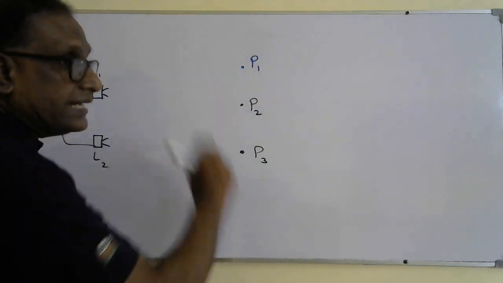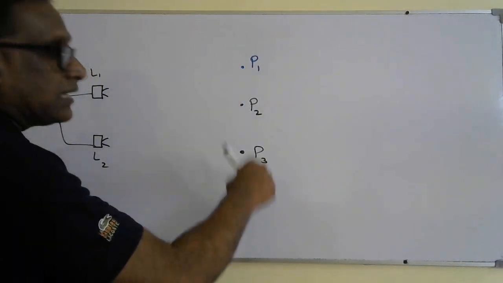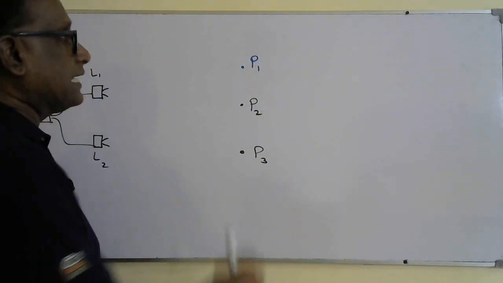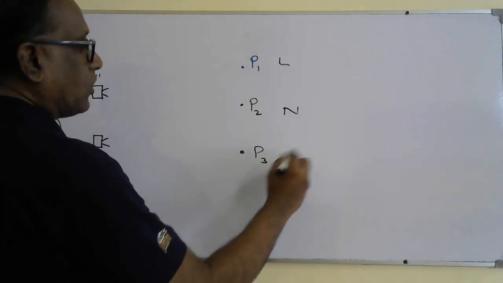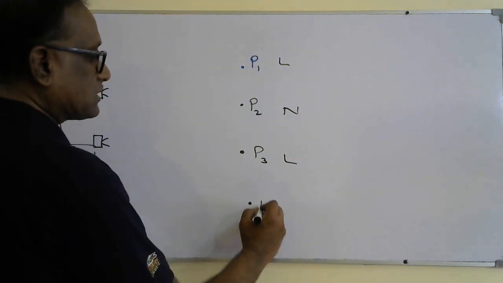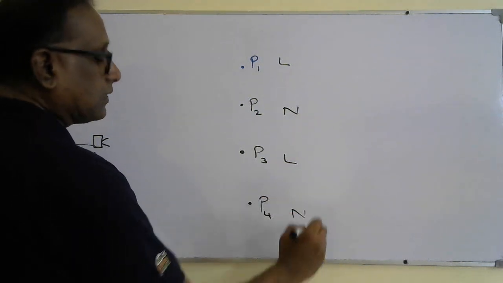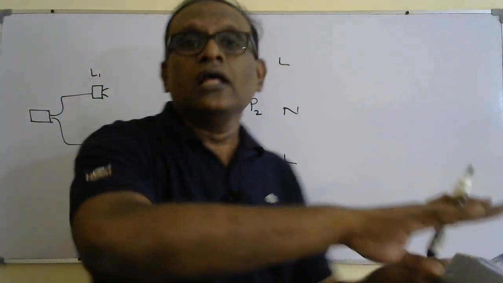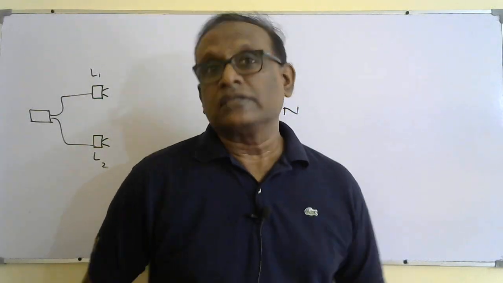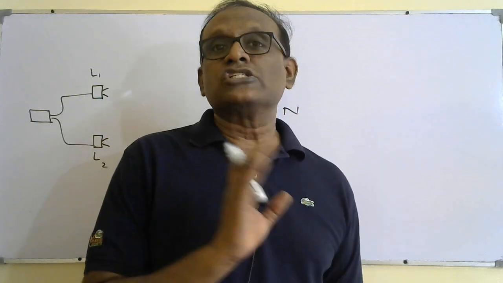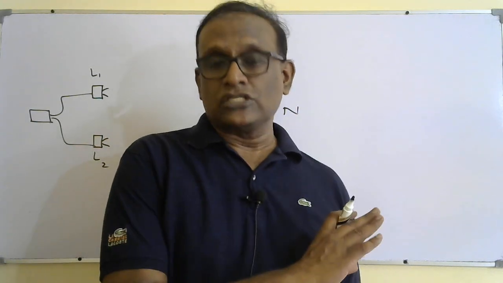I can mark specific points in space, say this is louder sound, here no sound, here louder sound, here no sound, like that. I can mark different locations in that hall as louder sound or no sound regions. This is called the superposition pattern.